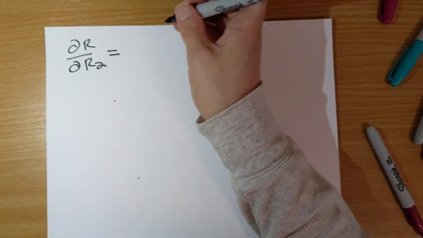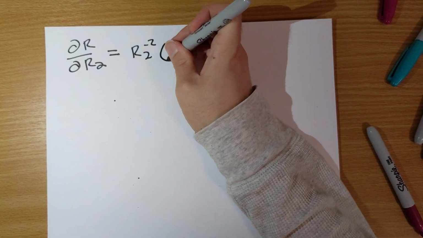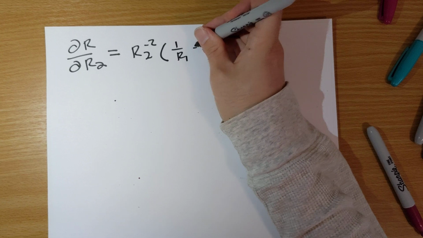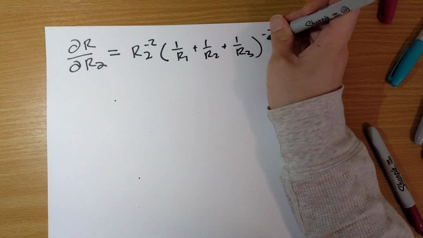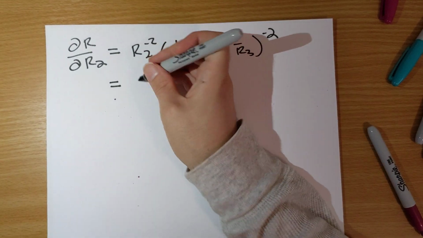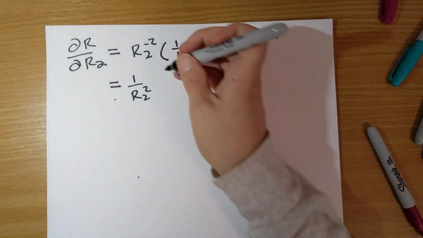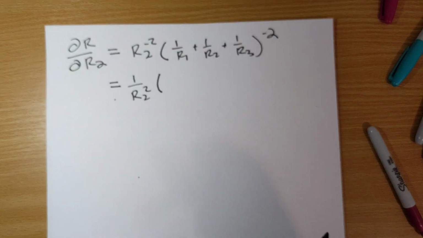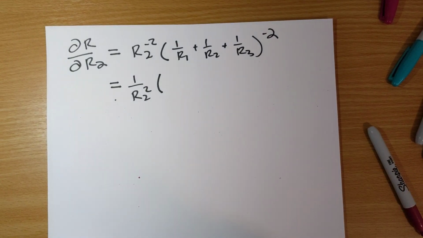And so we would end up with R2 to the negative second power times 1 over R1 plus 1 over R2 plus 1 over R3 raised to the negative second power. So this is going to be 1 over R2 squared times all of this right in here.